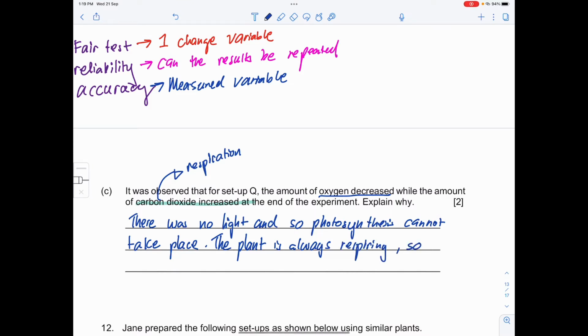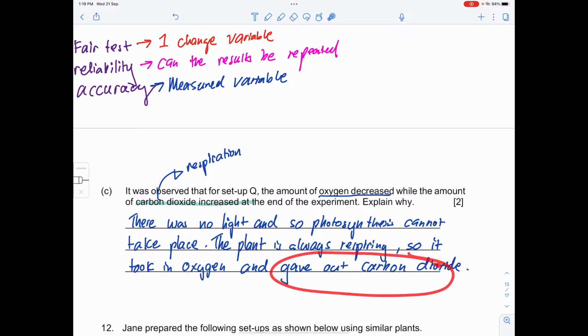So it took in oxygen and gave up carbon dioxide. So this part about giving up carbon dioxide links it to the increase. This part about oxygen tells you about respiring, the respiration. But do you see the processes?